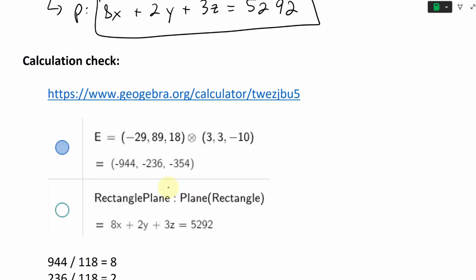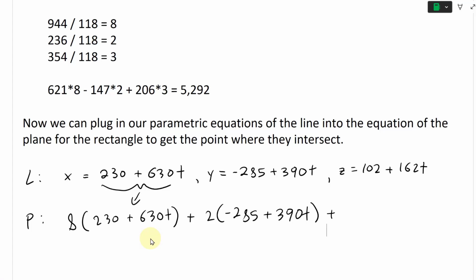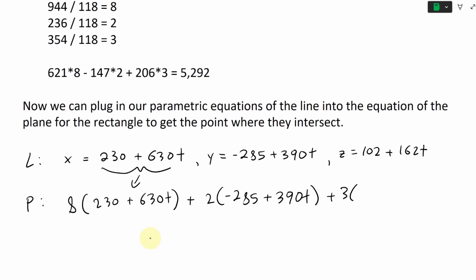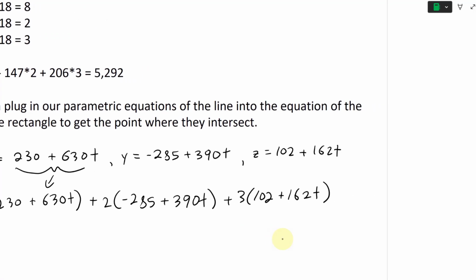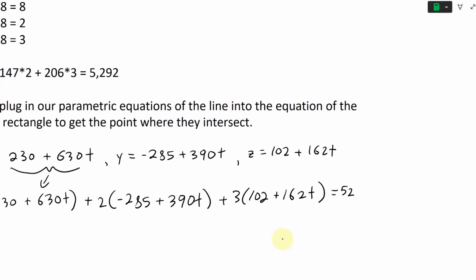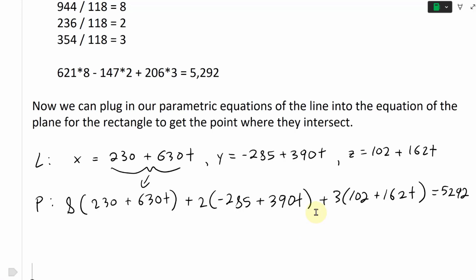Is it a plus? Yes, plus 3z, 102 plus 162t. This equals 5292. Let's move everything over, and make sure it fits into the box.